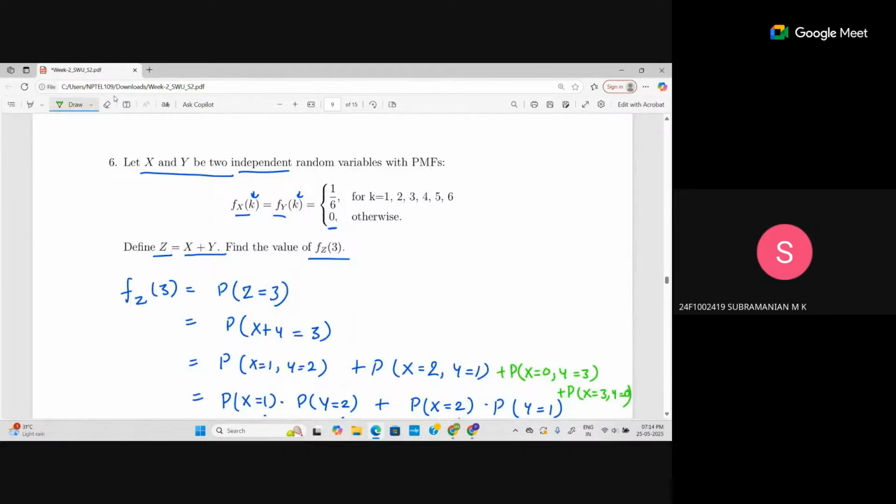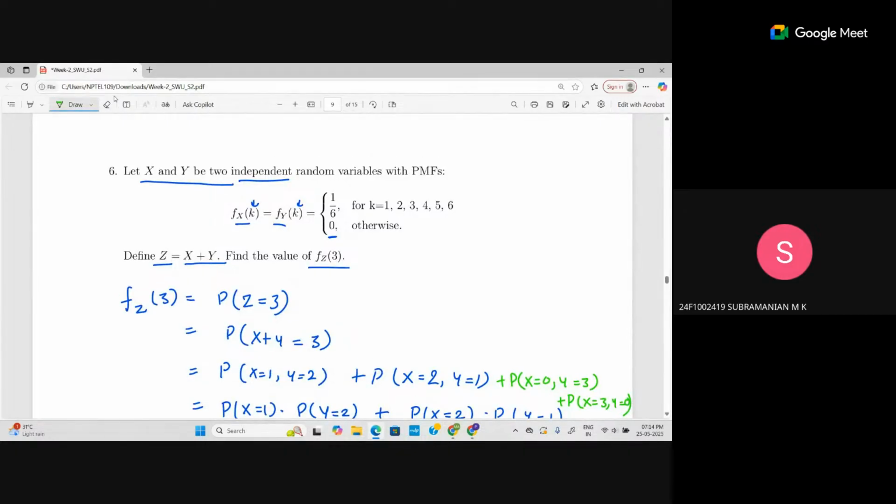Otherwise actually means minus infinity to 0. If I expand otherwise, yes, minus infinity to 0 it is 0, and 7 to infinity it is 0. Is that correct? So the otherwise case includes all the values except the rest of this range. That's correct.